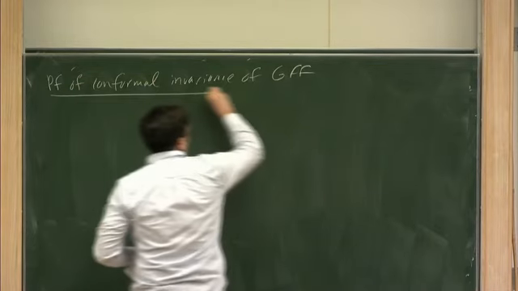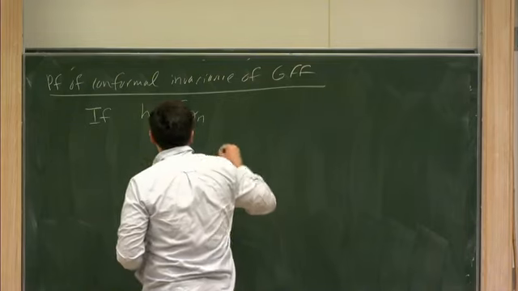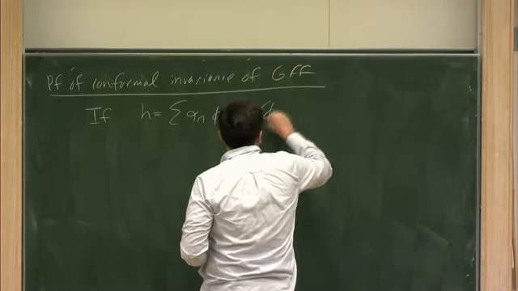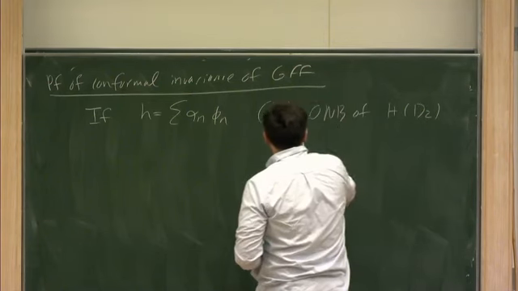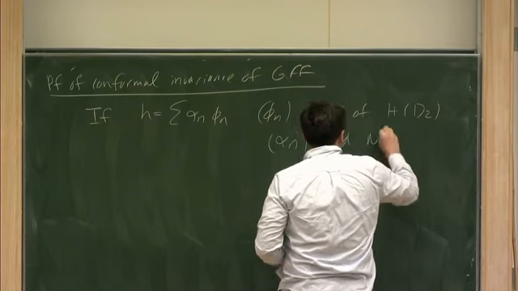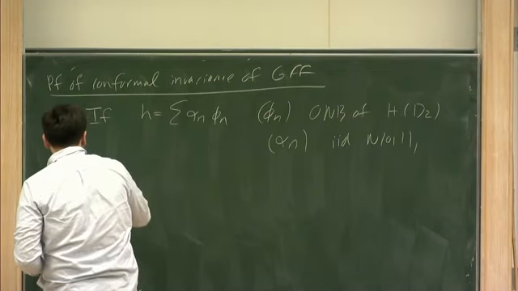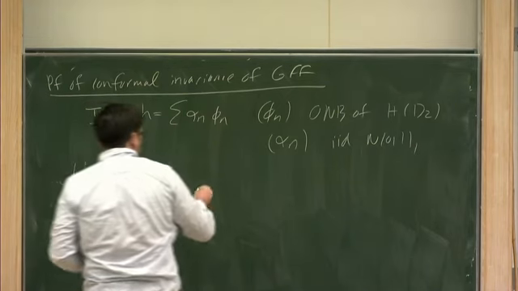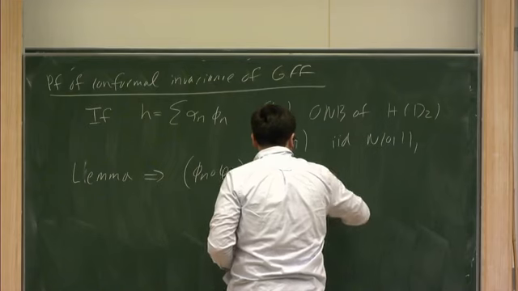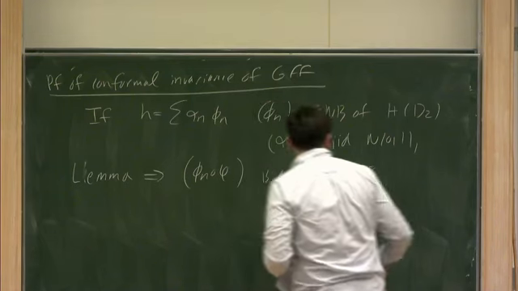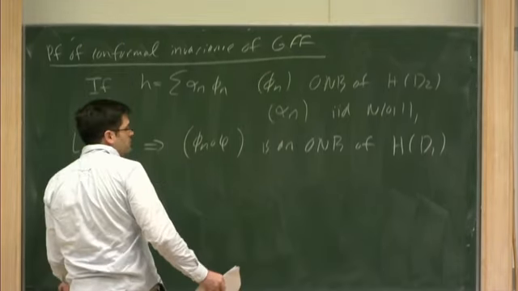Essentially the reason that it follows is that if you have h given by the sum of alpha n times phi n, where phi n is an orthonormal basis of H of D2, and the alpha n's are IID normal 0, 1, then the lemma we just did implies that phi n composed with phi is an orthonormal basis of H of D1, because the Dirichlet inner product is preserved under conformal maps.